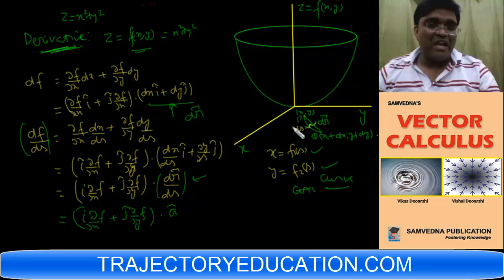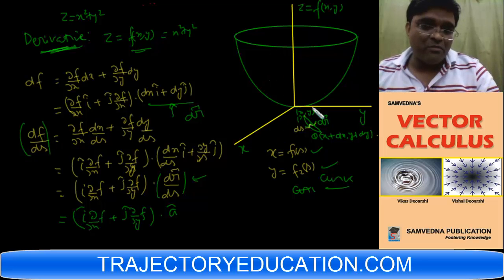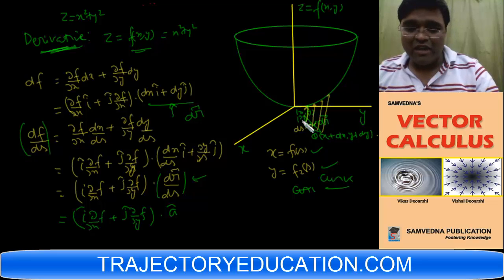And this gives you an idea, when you are moving along that curve in the domain, about how the function changes. The function is plotted on the z-axis. You can see it geometrically also. What is f? f is this height. So when you are moving along this path, you draw a line, and this length is z, this length is f(x,y).